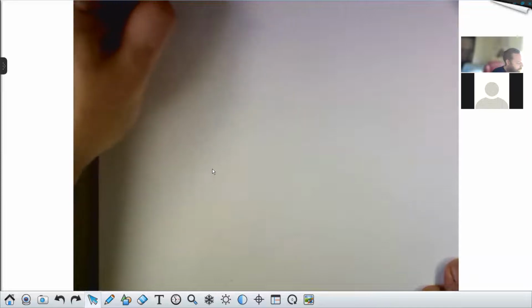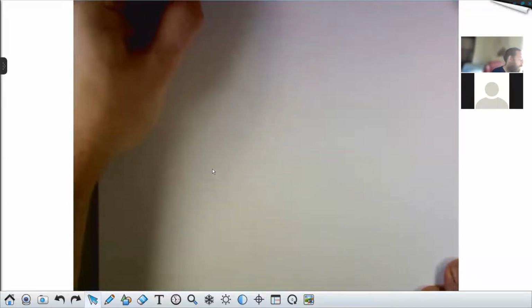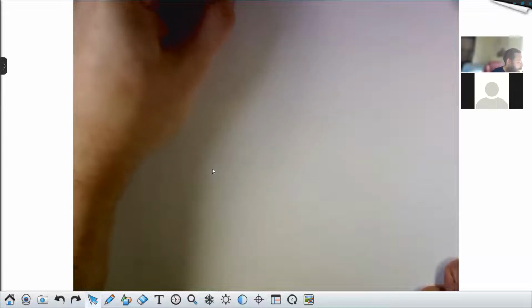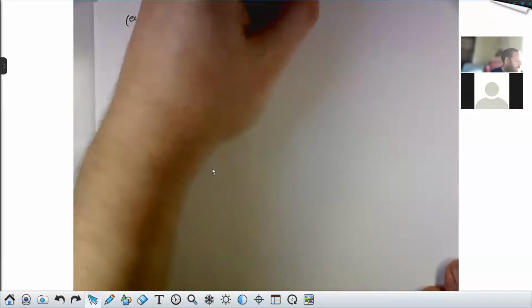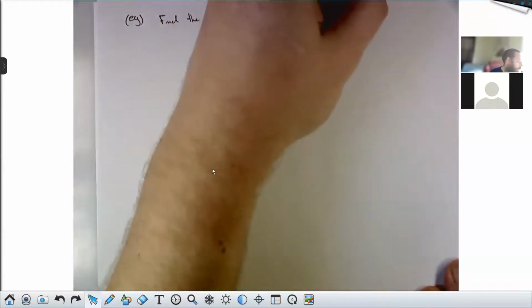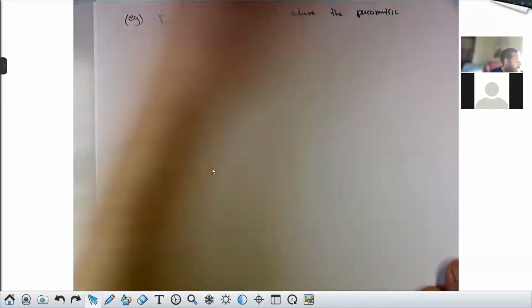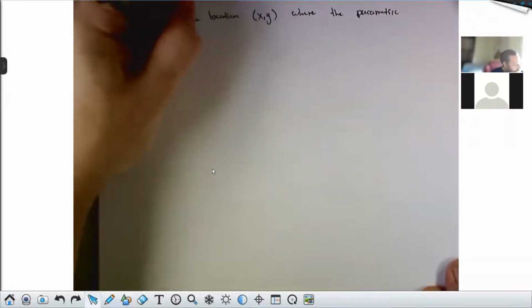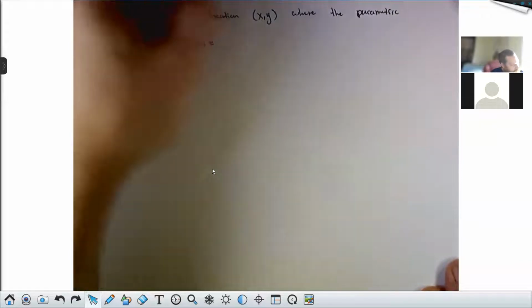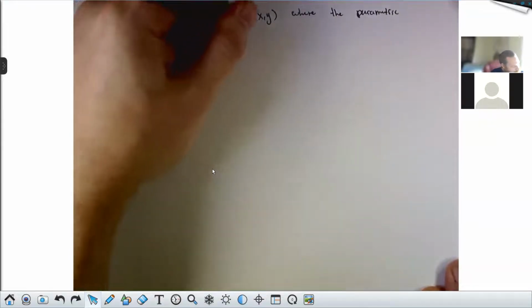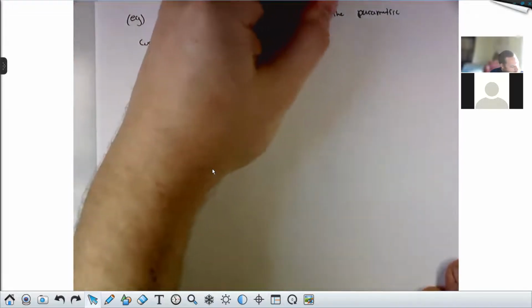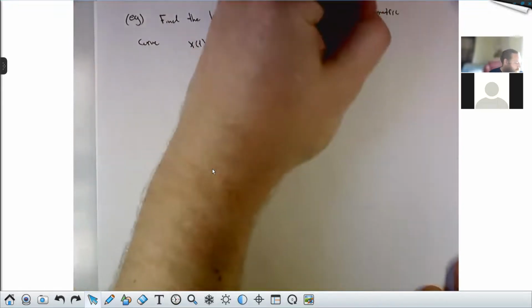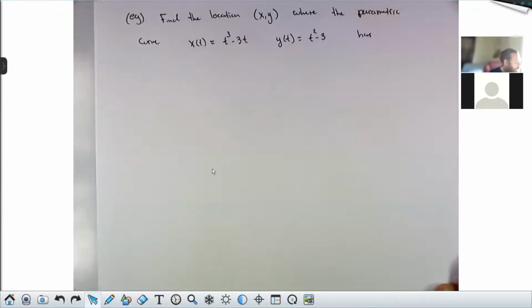So I'm going to phrase it like this: find the location, and by location I mean ordered pair x comma y, where the parametric curve x of t equals t cubed minus 3t, y of t equals t squared minus 3. Oh, is it t squared minus 3? Well, it might be t squared minus 2. Sorry, give me 1 second to check.